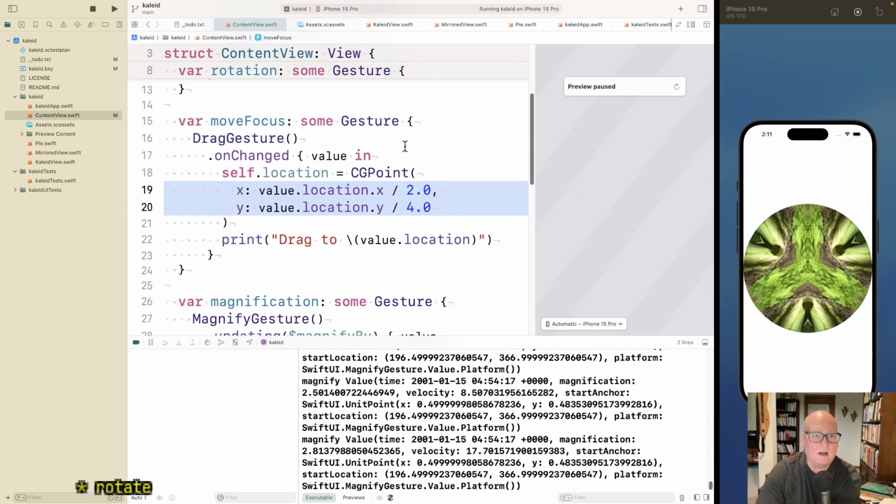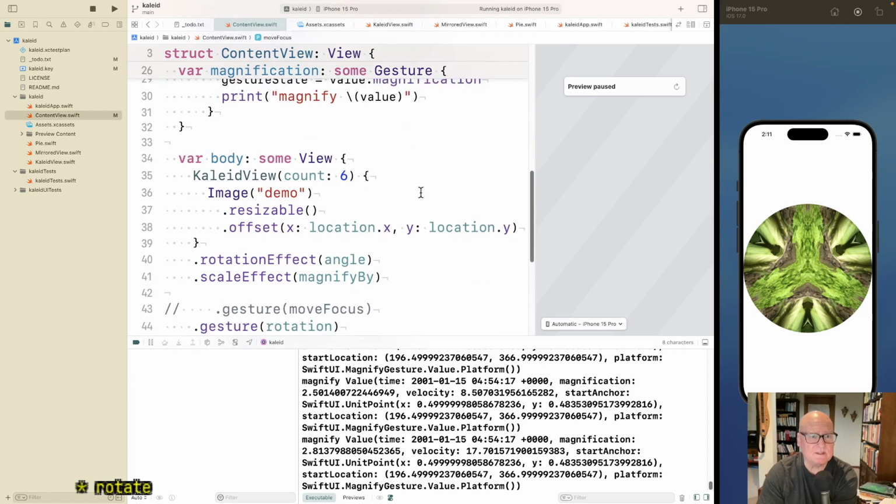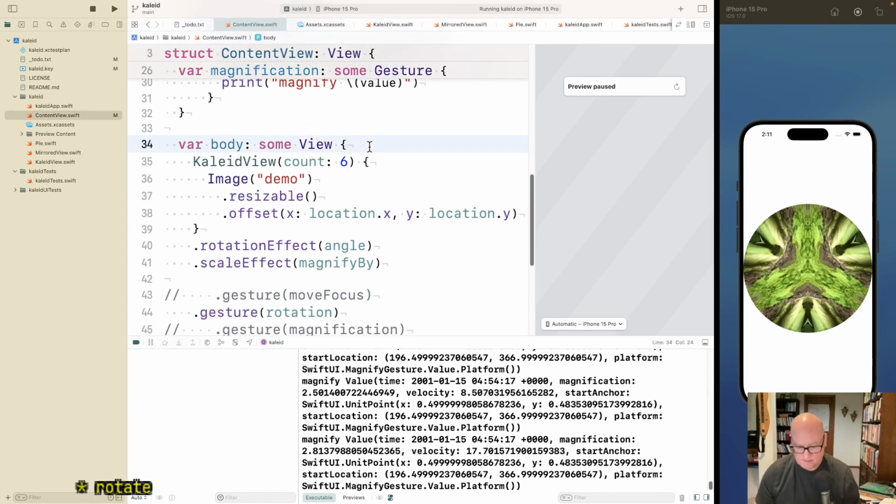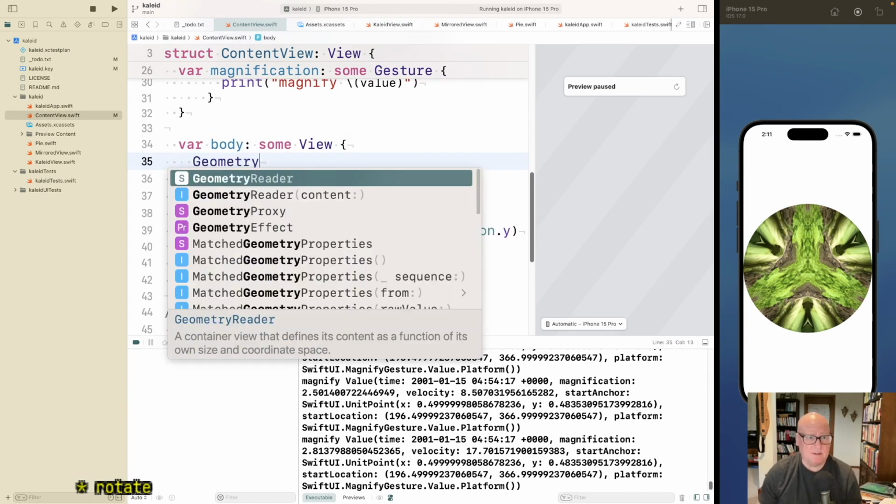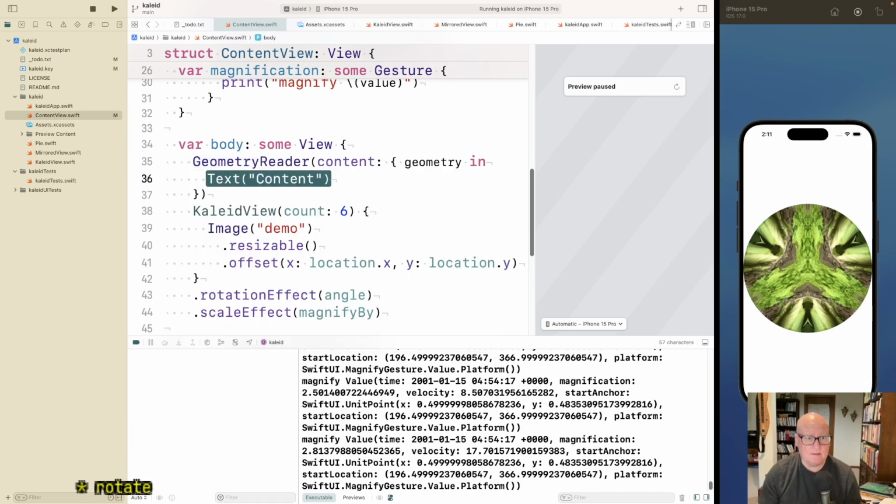Okay, so, but I got to get them scaled into some level that makes sense for this. What's that geometry reader thing, right? Geometry. Content.